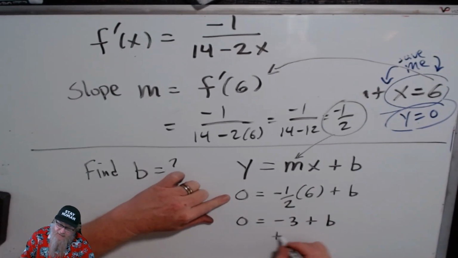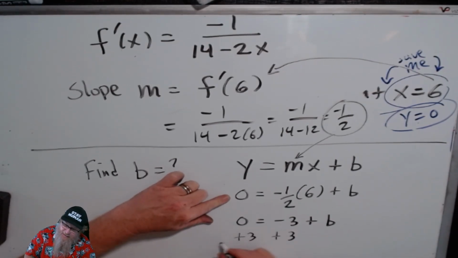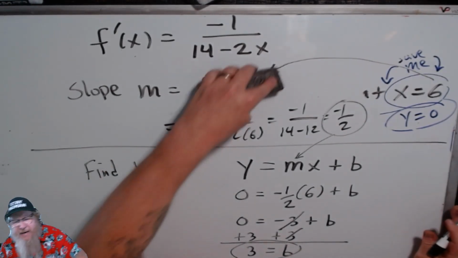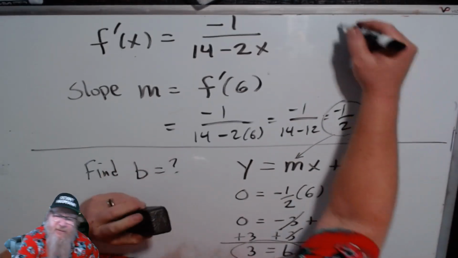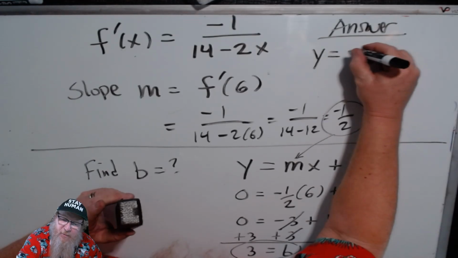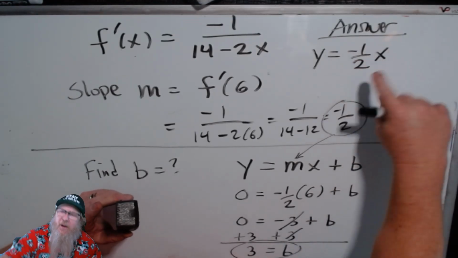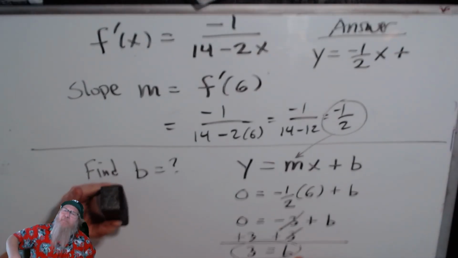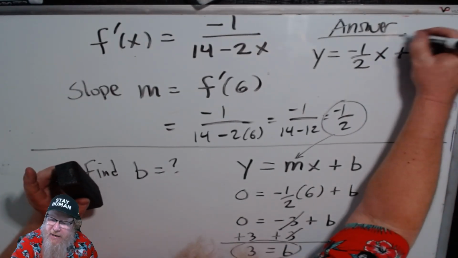And so b is positive 3. So my answer: y equals m, there's my slope, times x, plus my b, which is 3.